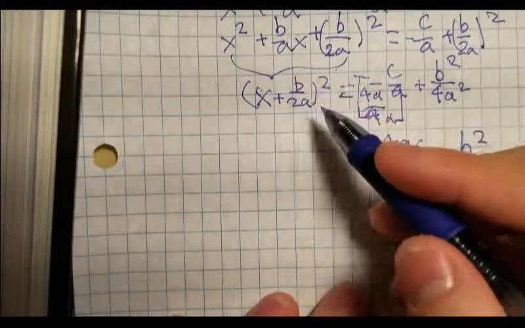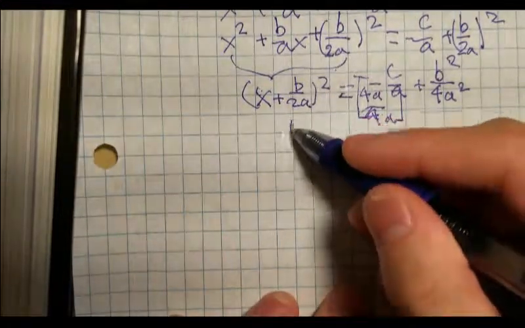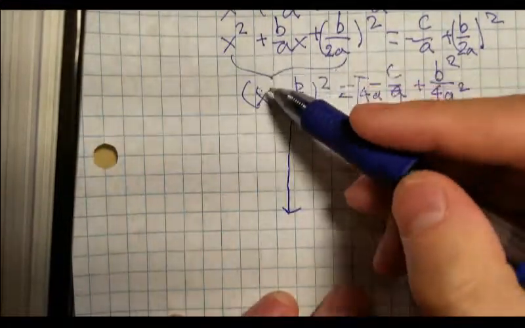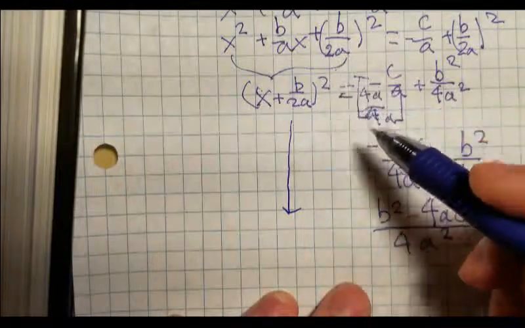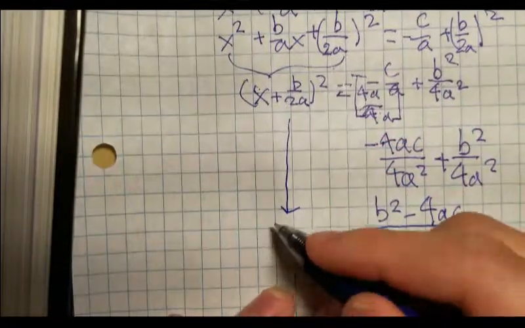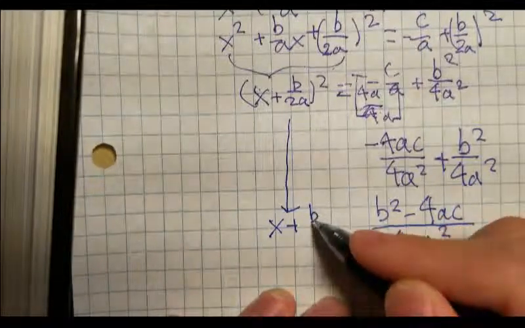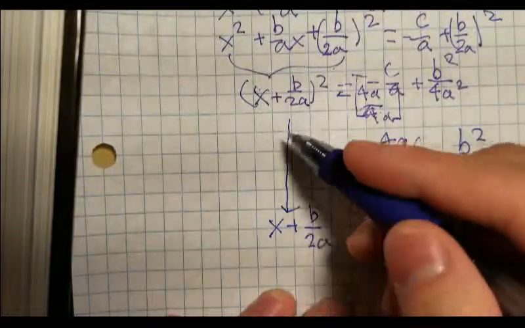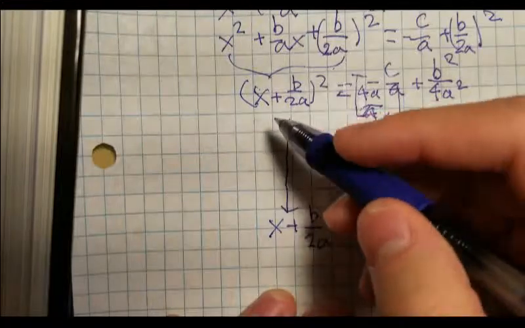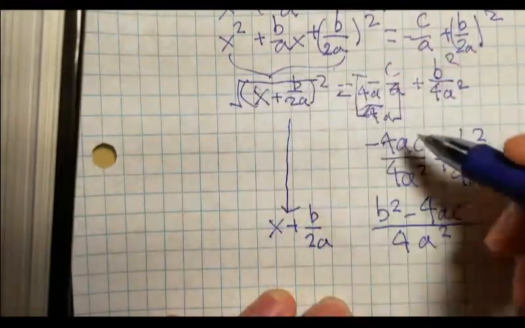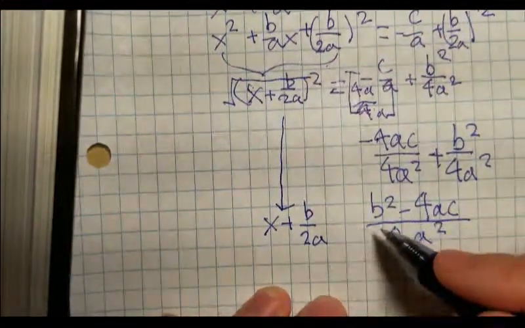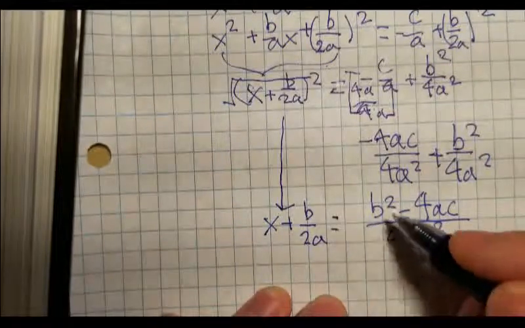So let's get back to the set over here. Since this is a perfect square, because it's the stuff inside the parentheses squared, let's take the square root of that. That will leave us with x plus b over 2a. But because we are taking the square root of this, we also must take the square root of the other side.